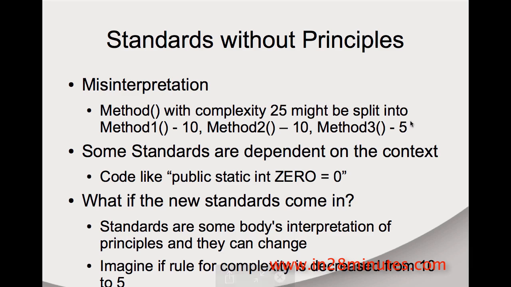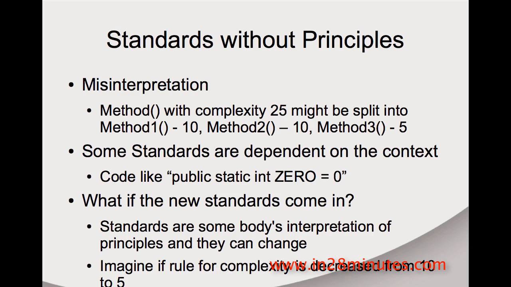It doesn't. Similarly, public static int ZERO = 0. What you're doing is declaring a constant, but what do you gain by having a constant of this kind? You're really saying 0 is equal to 0. The names of these constants should represent some business concept, not just say, okay, this is 0.